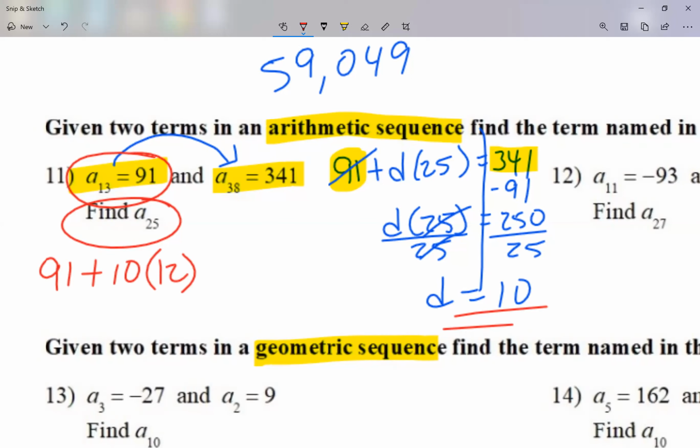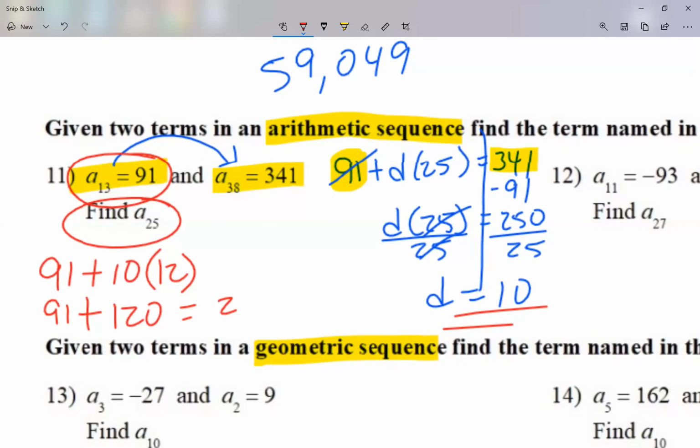Well, from 13 to 25 is 12 times, right? I just subtracted 25 minus 13. Okay, so I have 91 plus, because I have to do multiplication first, 10 times 12 is 120. Now 91 plus 120 is 211.